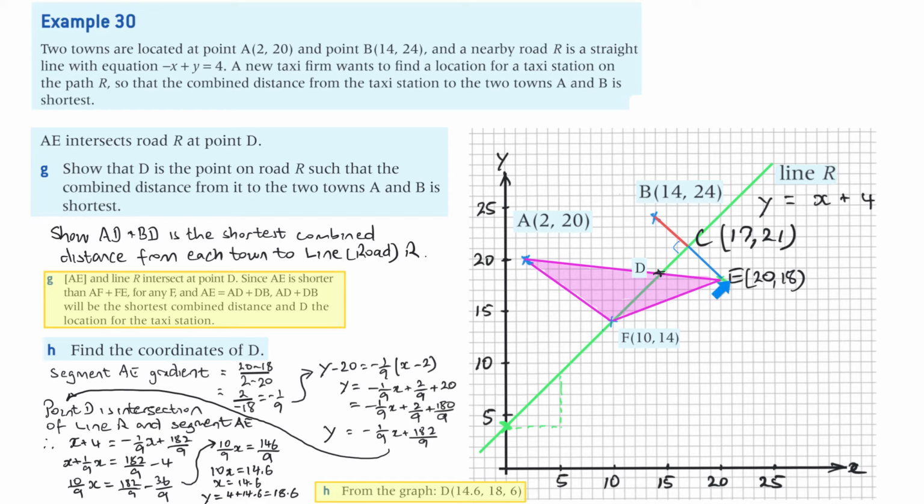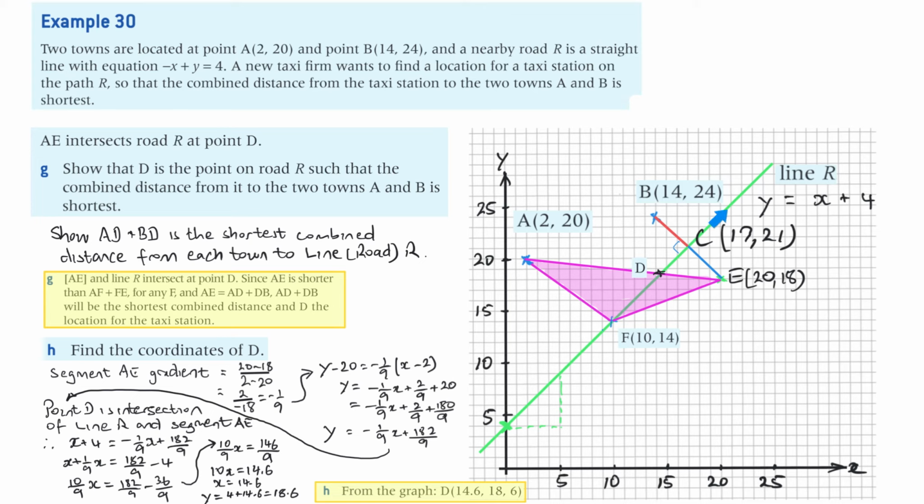Now that we have the gradient or the slope, we can use either point in our point slope formula, which is this one here, y minus y1 equals m times x minus x1. I've chosen this point here, A, and we resolve it up to y equals minus 1 on 9x plus 182 on 9. Okay, so that's the equation of this line.